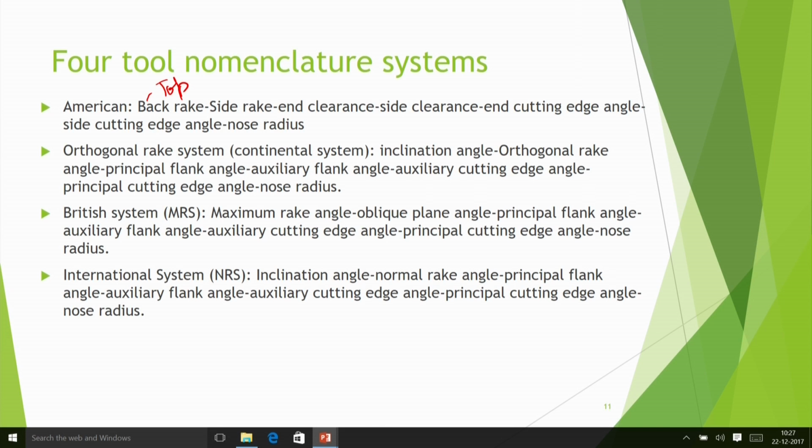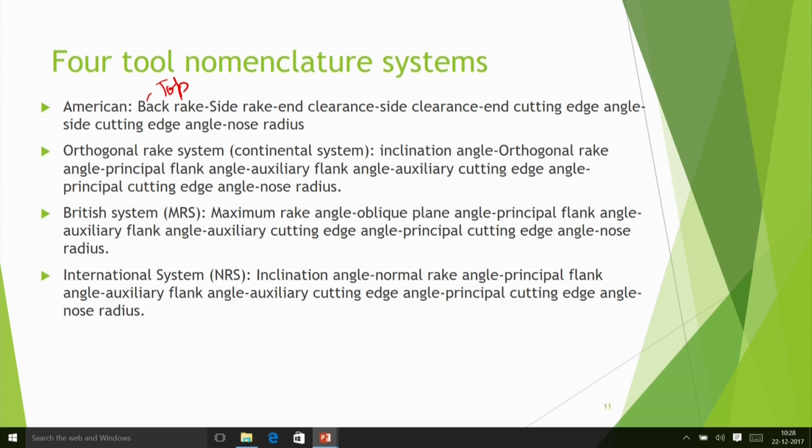Then oblique plane angle, that means in the normal plane we show that is called normal and maximum rake angle, and then we show oblique plane angle, then we show principal flank angle, auxiliary flank angle, relief angle, auxiliary cutting edge angle, then we show principal cutting edge angle, and then we show nose radius. Nose radius is common in all these things, that is the 7th element. Then we have international system, that is normal rake angle.